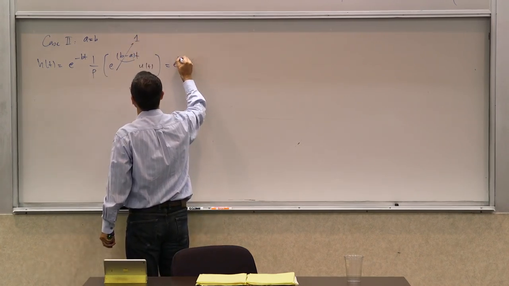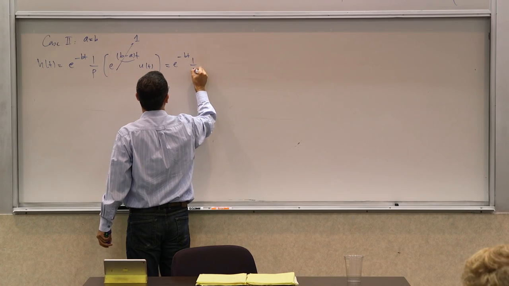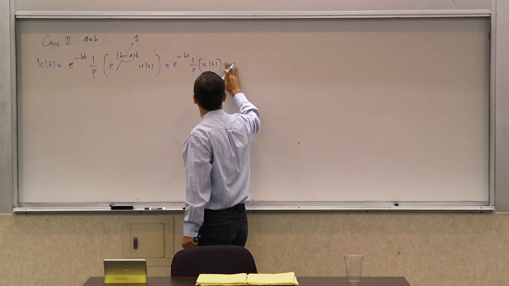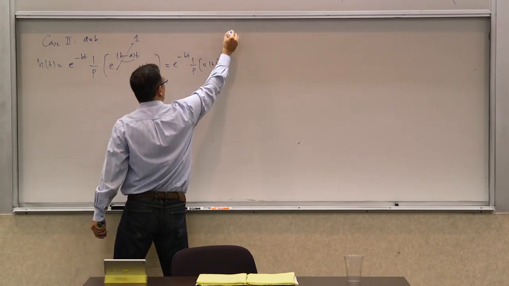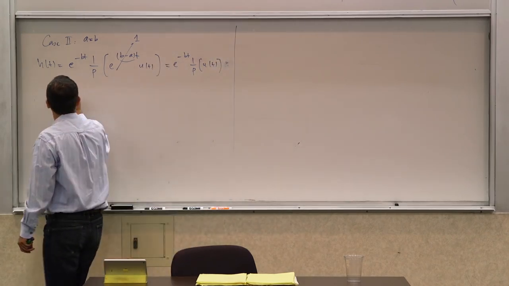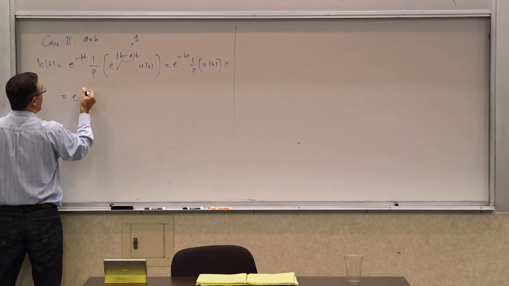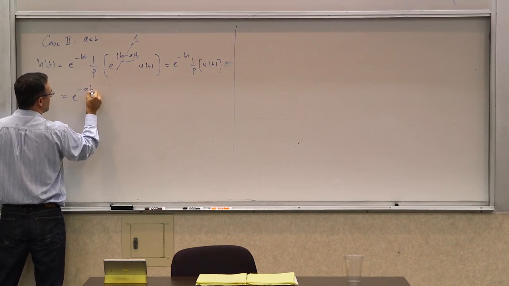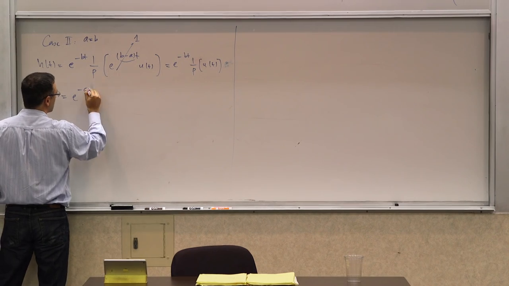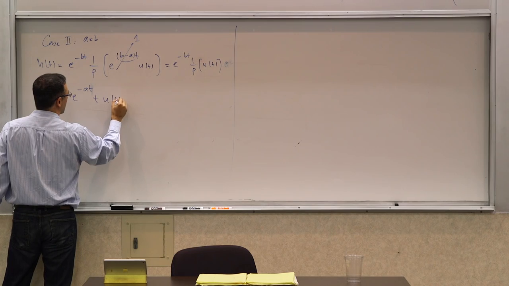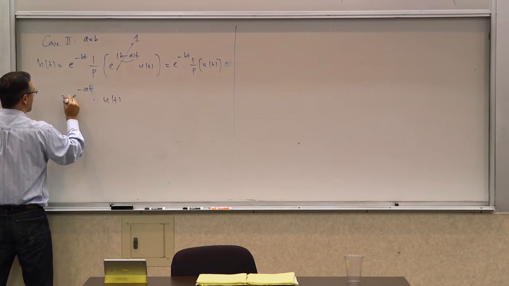So what you're left with is something easy to calculate, 1 over p of u of t. What is 1 over p of u of t? It's t u of t, right? So it gives you e to the negative a or b, which are the same thing, a t or bt, t u of t. Or you can even put the t up front, that's more common.